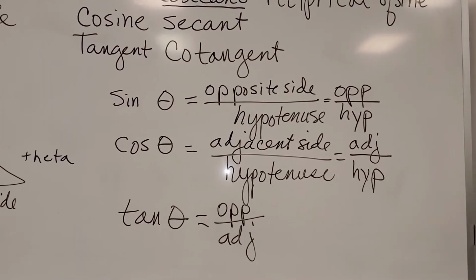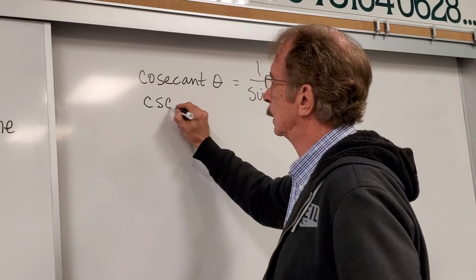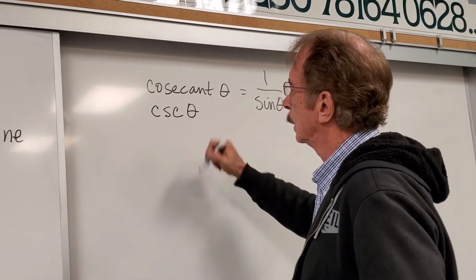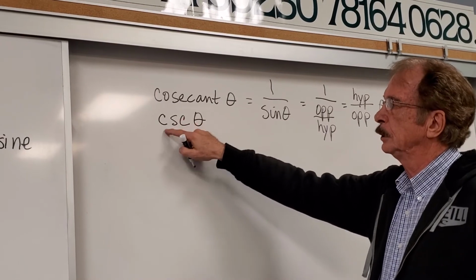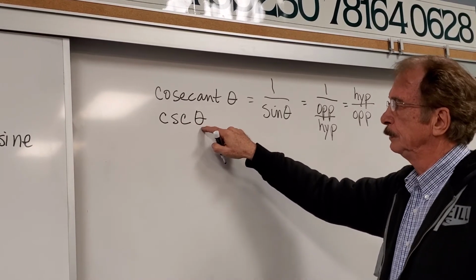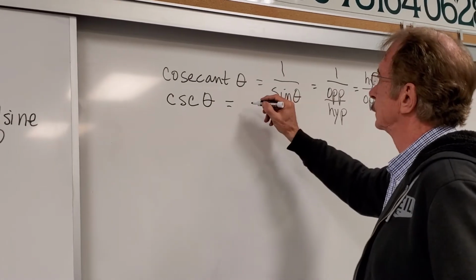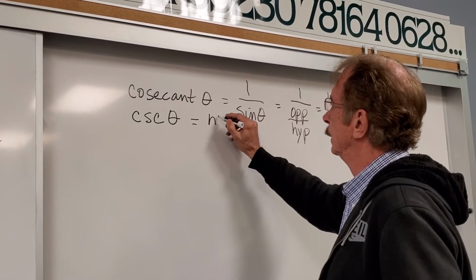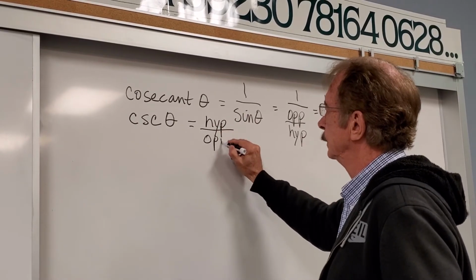So we have a special one. We call it these three letters, but you know that's cosecant of theta. And it's written to be this kind of definition here. Hypotenuse is on top now over the opposite.